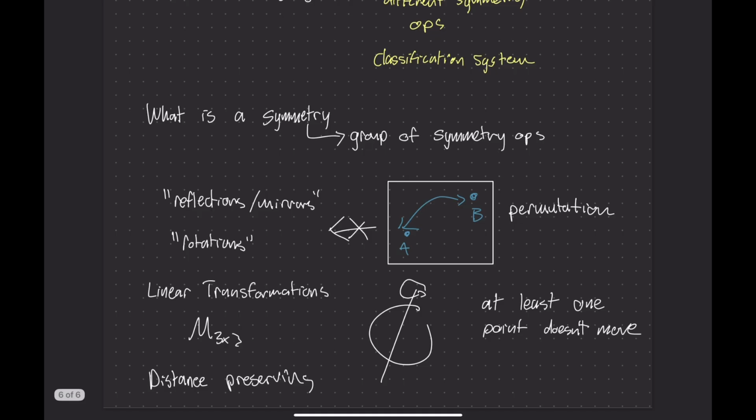So if you look at the rotation of a sphere, obviously all the points along the axis don't move. If you did an inversion where you took, say, every point r to the point negative r, a point at the center, r equals 0, just goes to 0 again. So you have at least one point that doesn't move in this class of symmetries.